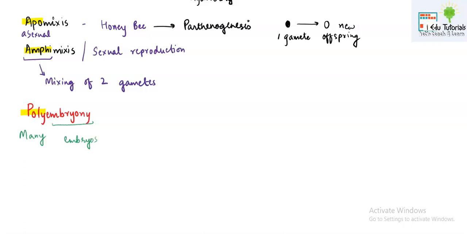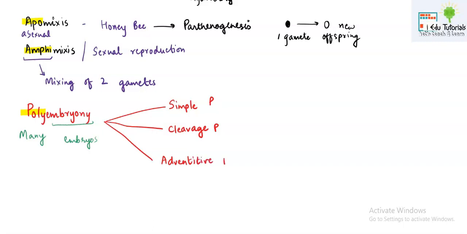Now this polyembryony could be of three types: simple polyembryony, cleavage polyembryony, and adventitive polyembryony. Now we will look into each term.